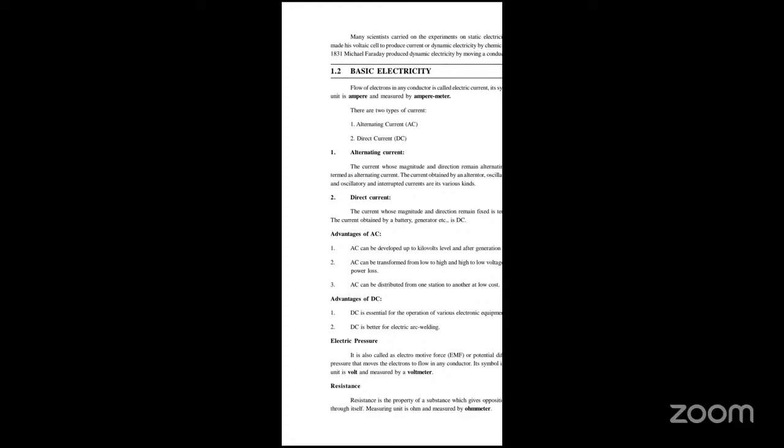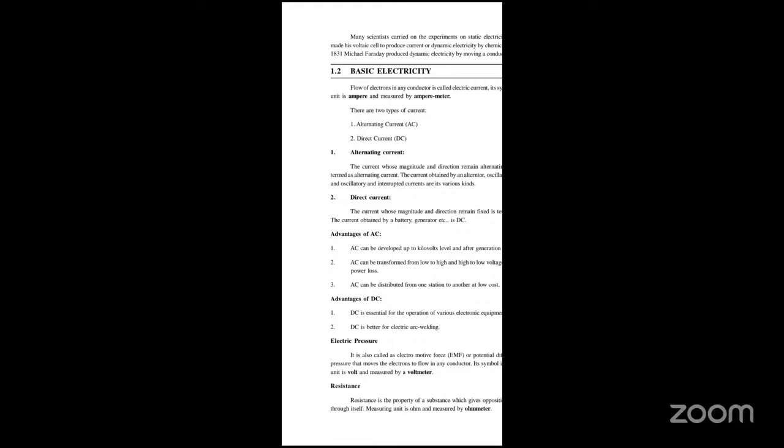The amount of work done in bringing a unit positive charge from infinity to a certain point in an electric field is called electric potential. So potential difference means, in an electric field, the change in potential value from one point to another point. The difference between the potential values at two points is called electric potential difference.